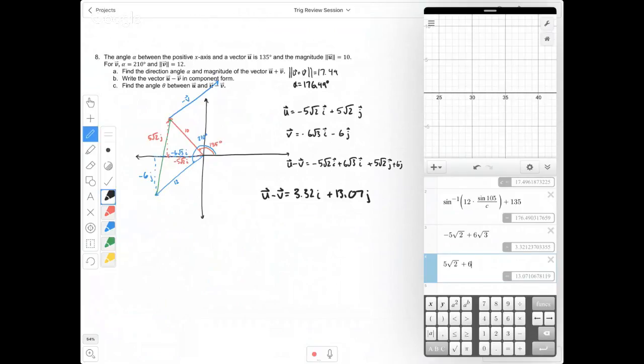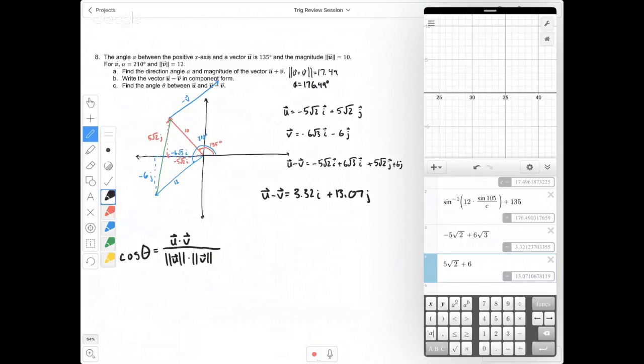Now, find the angle between u and u minus v. The angle theta between u and u minus v would be given by u dot v over the magnitude of u times the magnitude of v, and that will tell us cosine theta.